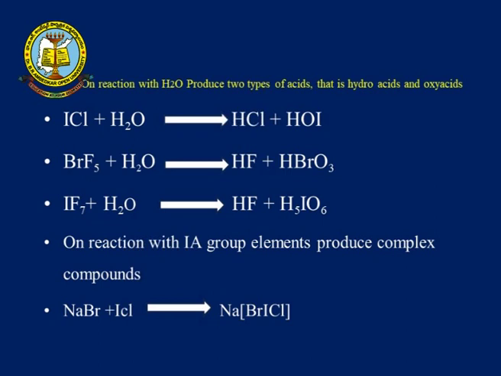Suppose you take ICl, the both halogens are iodine and chlorine here, the chlorine is more electronegative, iodine is less electronegative. The more electronegative halogen gives the hydro acid, the less electronegative halogen gives the oxy acid, right. For example, ICl when dissolved in water gives HCl and HOI. The HCl is called the hydro acid, HOI is called the oxy acid. You see the next examples also, BrF5 and IF7, also work the same way.